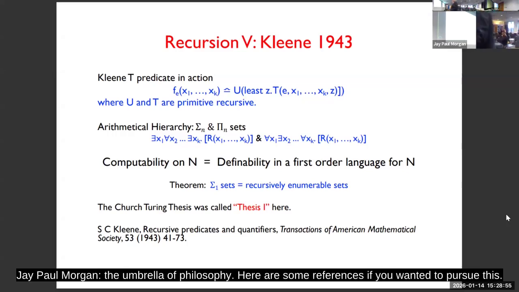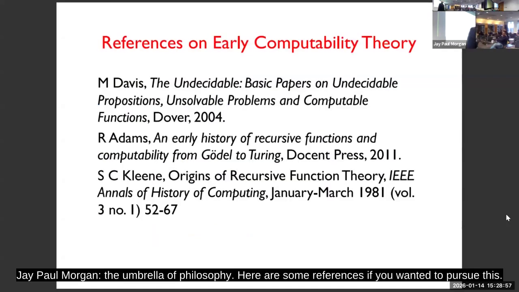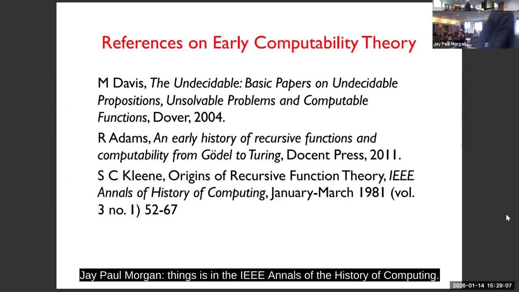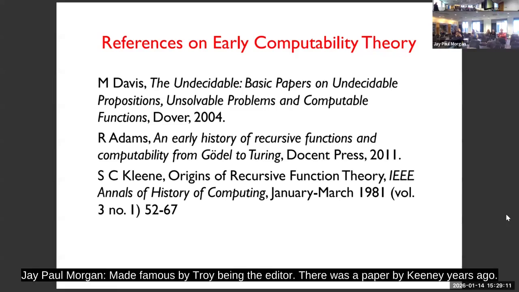because at the end of the day, we're a little bit in the umbrella of philosophy. Here are some references if you wanted to pursue this. Apart from being able to talk to me about it, there are things you can read. And not least, one of the most important things is in the IEEE Annals of the History of Computing, made famous by Troy being the editor.